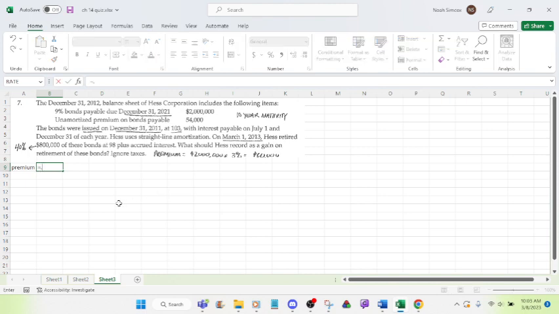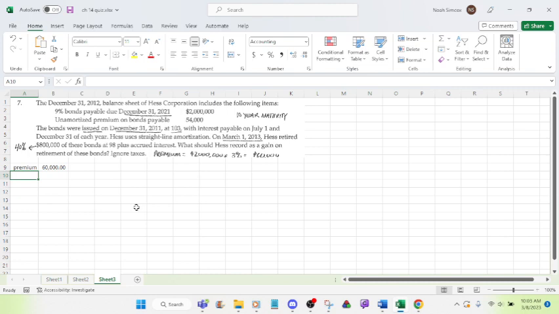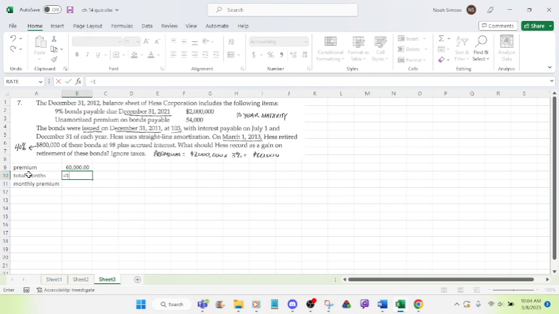The premium equals 0.03 of 200,000. Monthly premium equals... total months equals... it was issued on December 31, 2011, and so it's 10 times 12.